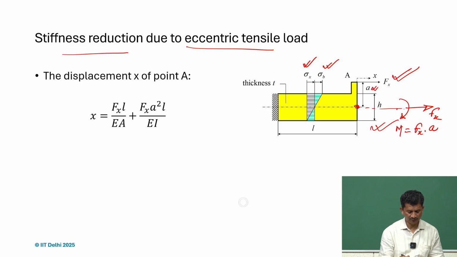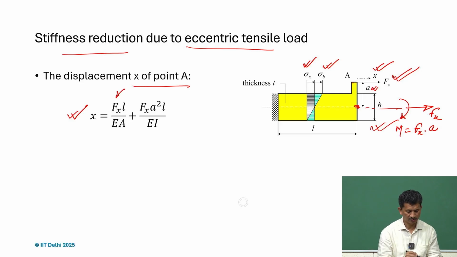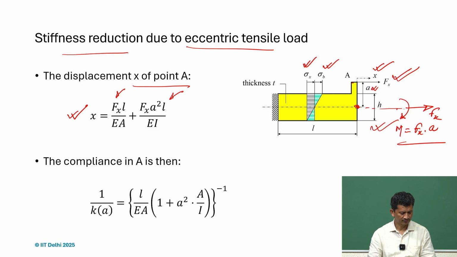And therefore, for the deformation, if you are talking about the displacement x at point A, this is because of the axial deformation and this is because of the bending. So A times phi, the rotation, is there because of the bending load, and that will get reflected. So both will get added.